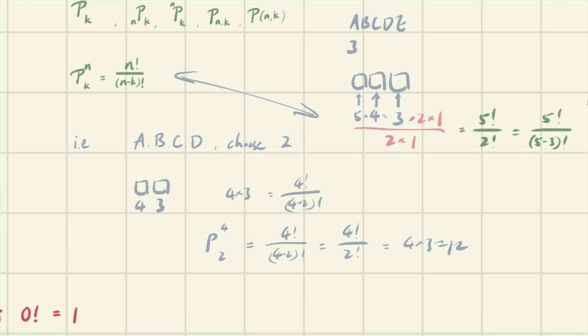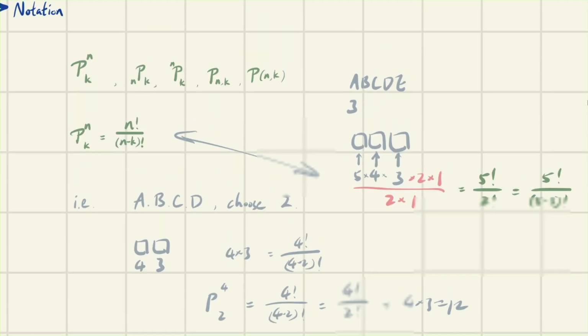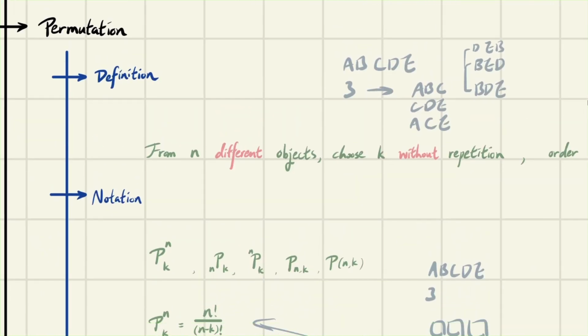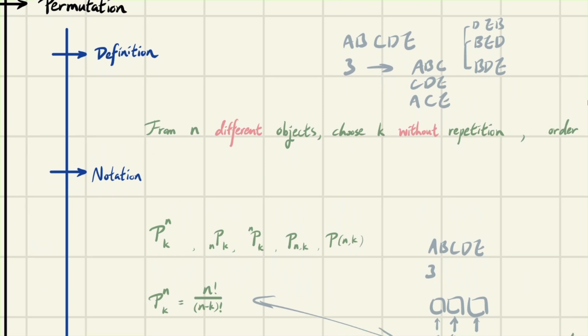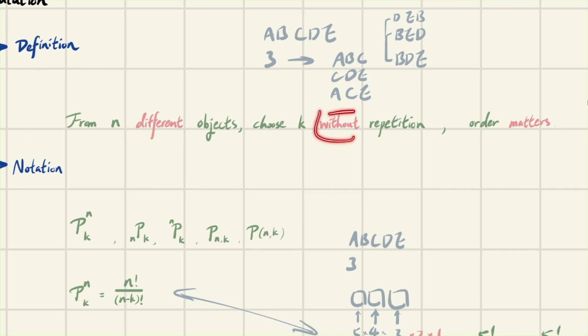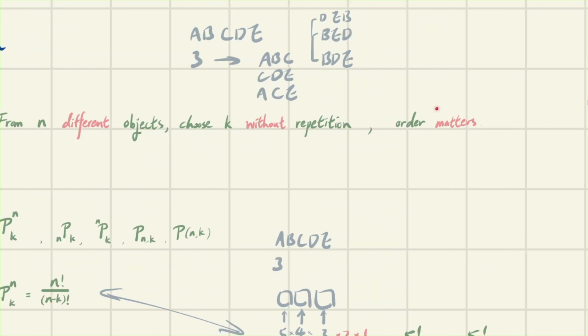That's basically it. What you have to know is you don't have to memorize the formula. You just have to know how the formula becomes this, and then you can use it freely. You can make up the formula by yourself. And basically, understand that it's n different objects, and choose k without repetition, and the order matters.